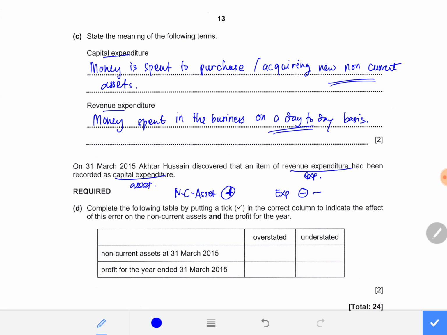With expenses understated, your profit now is overstated.